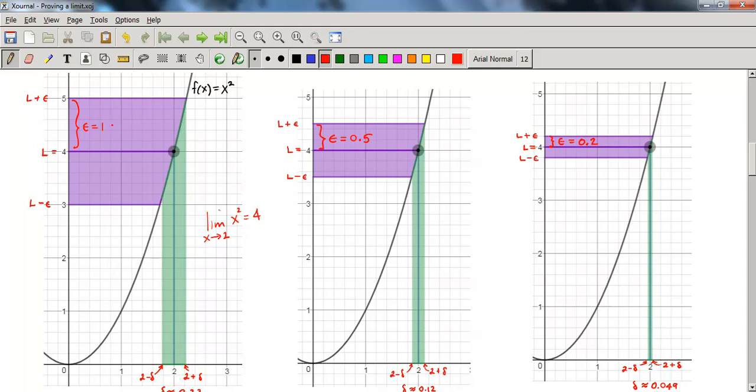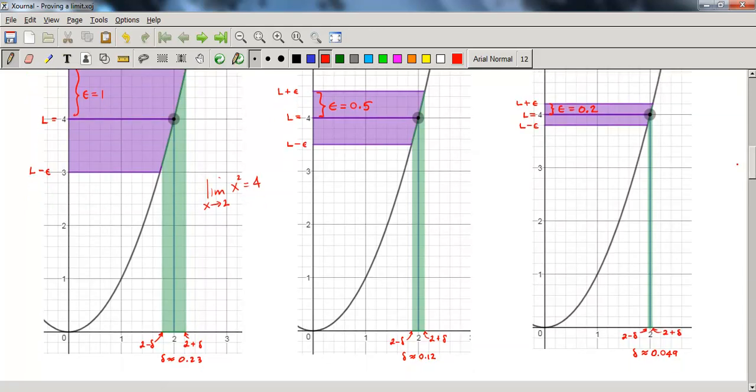If epsilon were 1, then we can find a delta that works. The delta is about 0.23: if we go 0.23 units on either side of our limit point 2, then for every x that's within that delta interval surrounding 2, f of x will be within the epsilon interval surrounding 4. And in this case, epsilon's 1.